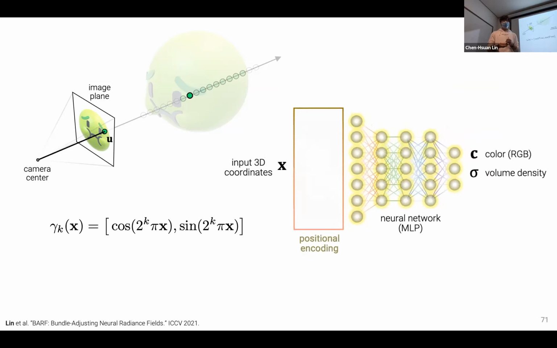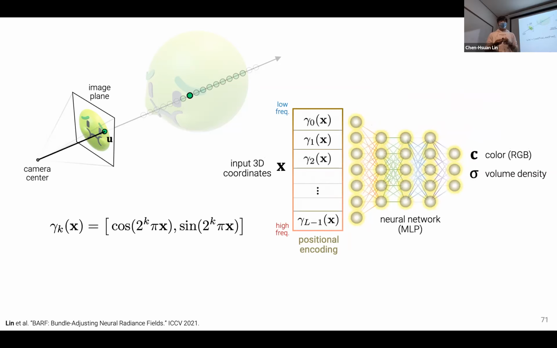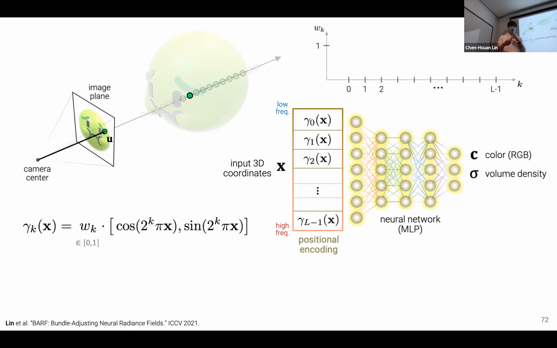And so in practice, what we do here is we control the positional encoding by applying a real-valued weight from 0 to 1, which we write as W here, to control which frequency signals can pass through the MLP for geometric alignment.